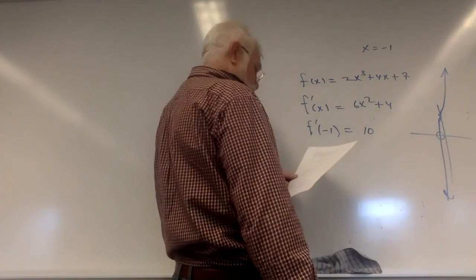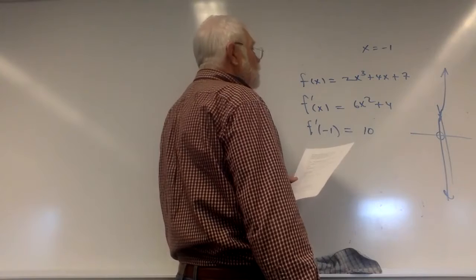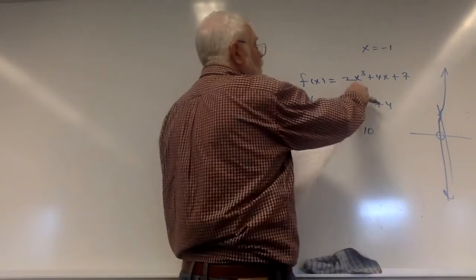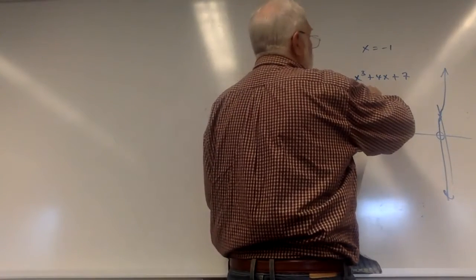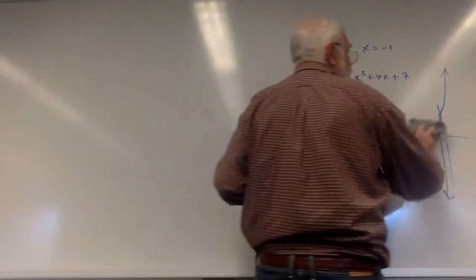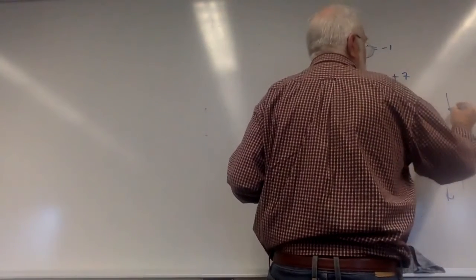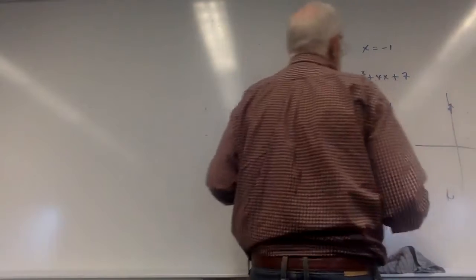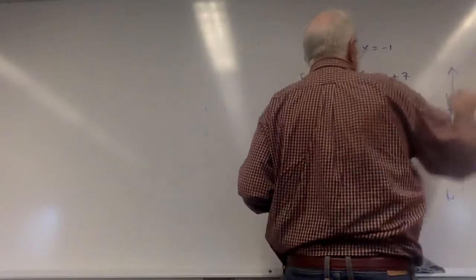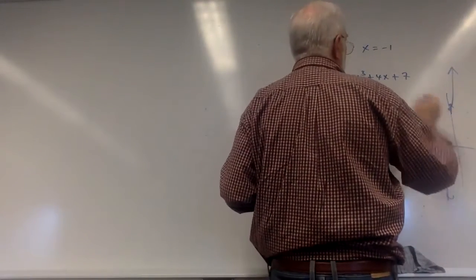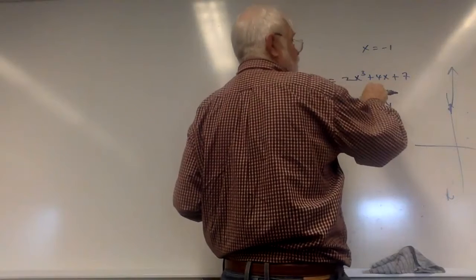Let's see. So if I have -1, where was I on this curve? I want to do this a little more carefully. So there's 7, going up at 4 to 1, and then going up faster, yes. And this is written in graphing form.